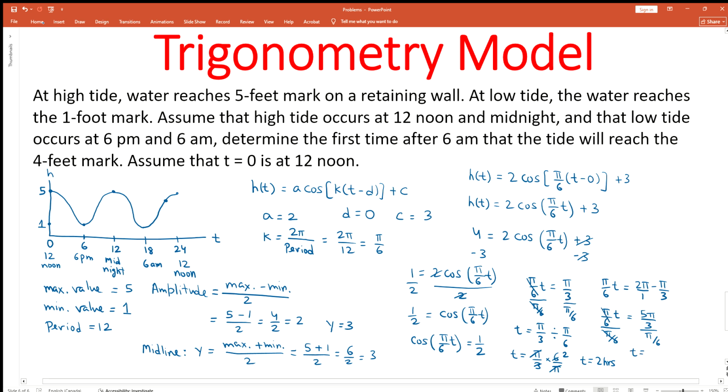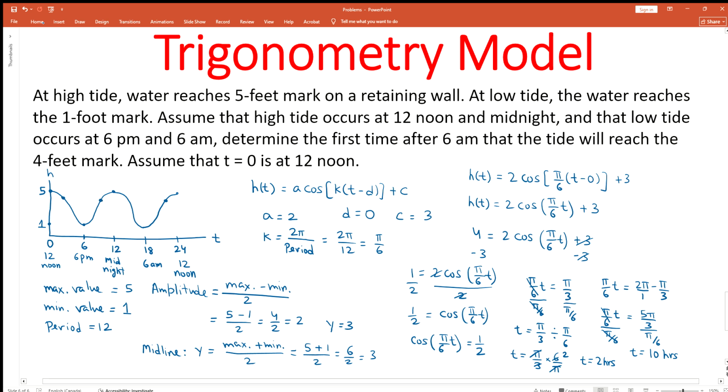Five pi over 3 divided by pi over 6 is equal to 10. So the second solution we get is 10 hours. So the two solutions we got, 2 hours and 10 hours, are here and here.